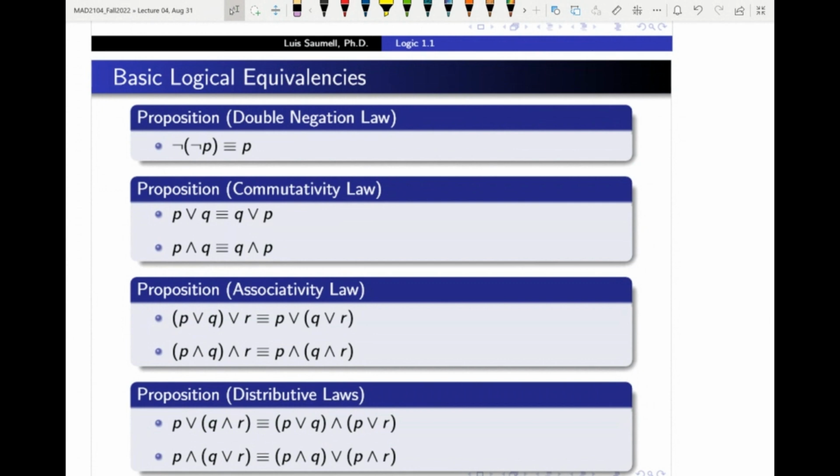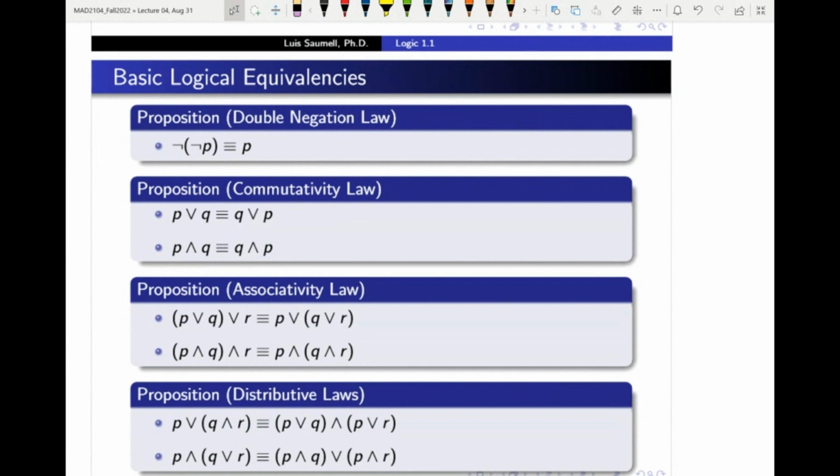For example, for numbers, division is not commutative. 10 divided by 2 is not the same thing as 2 divided by 10. Subtraction is not commutative. 3 minus 2 is not the same thing as 2 minus 3. However, addition and multiplication are. The order doesn't matter. So you need to know this basic rule when you're dealing with these operations. So commutativity, you're allowed to flip or, you're allowed to flip and, no problem.